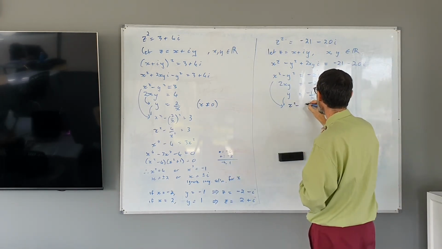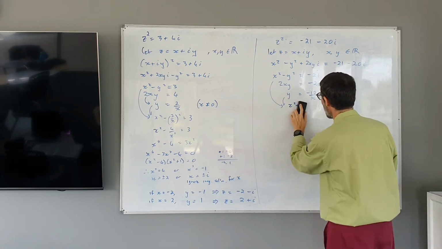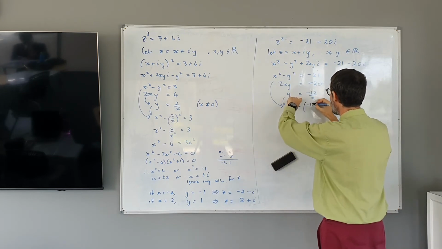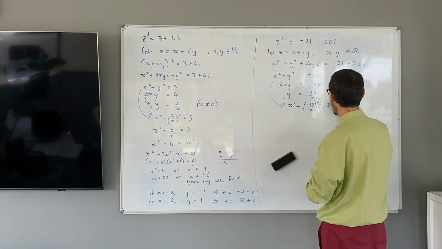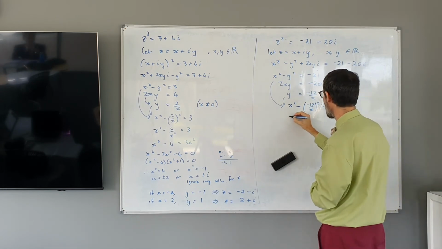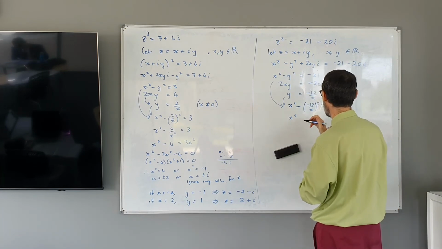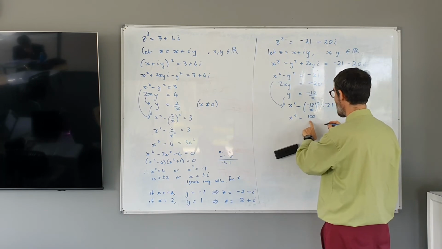X squared minus minus negative 10 on x squared, negative 21. Minus, it should be minus 100.